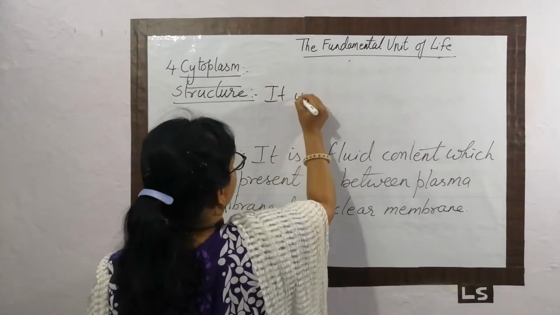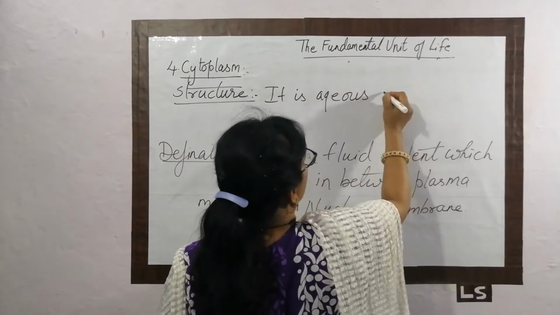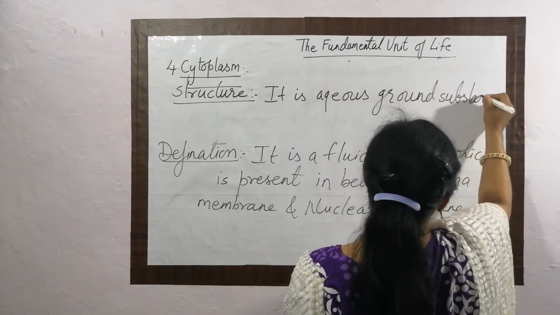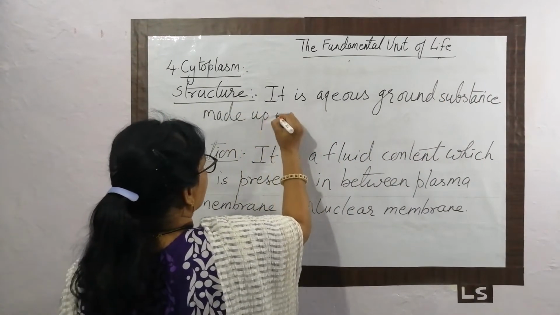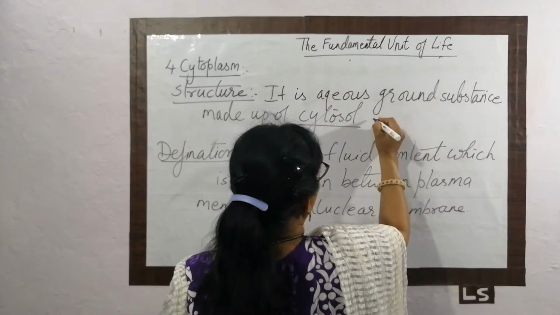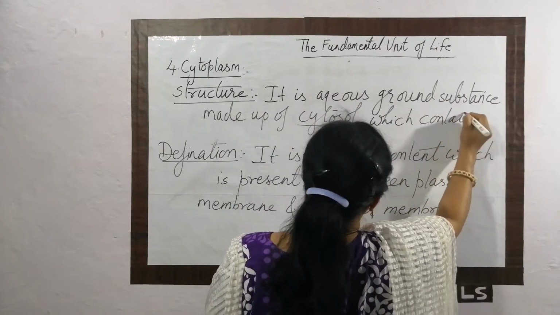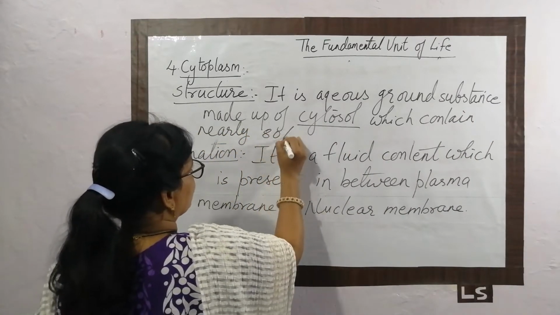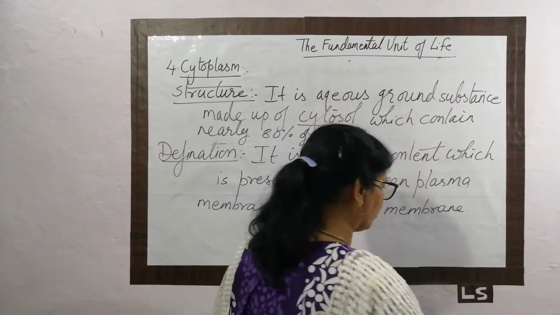So what is the structure of cytoplasm? It is an aqueous ground substance made up of cytosol, which contains nearly 80% of water.